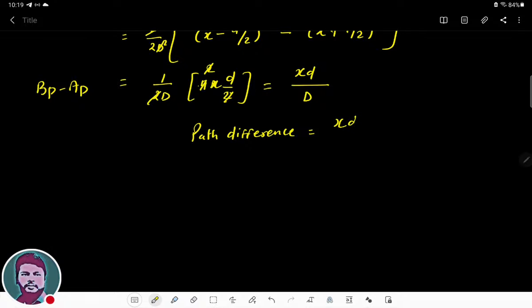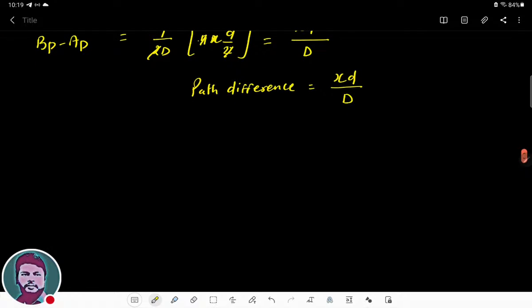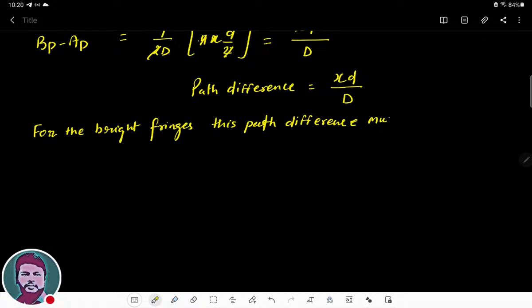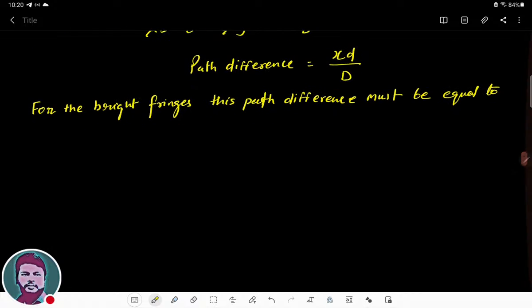Okay, what is xd over d? And we know for the bright fringes, this path difference must be equal to n lambda, as we discussed in the previous section.